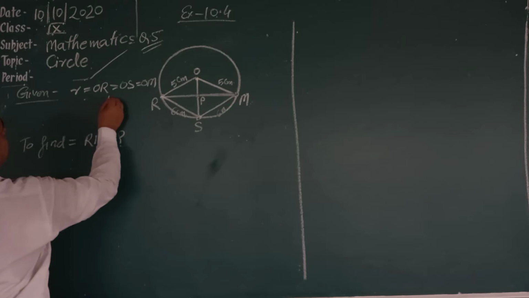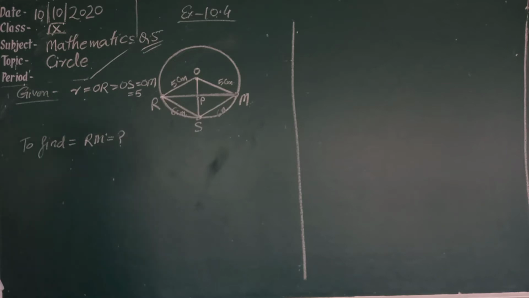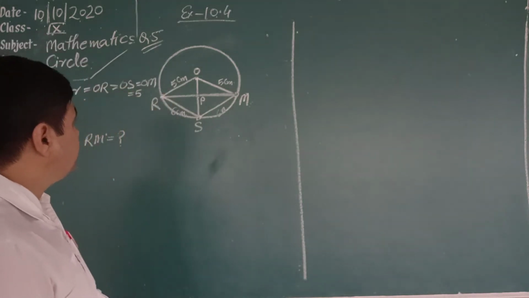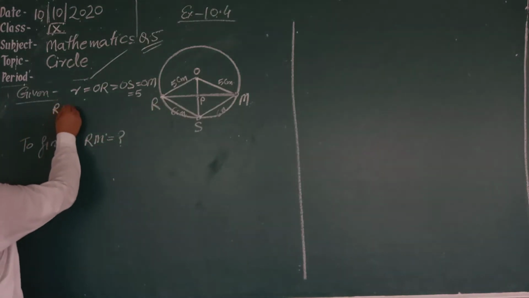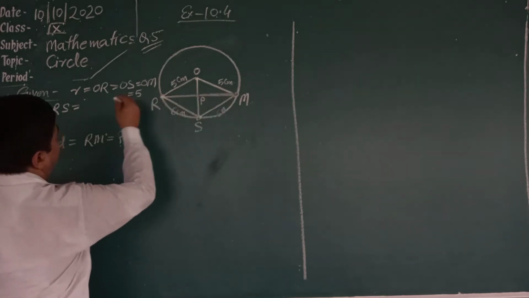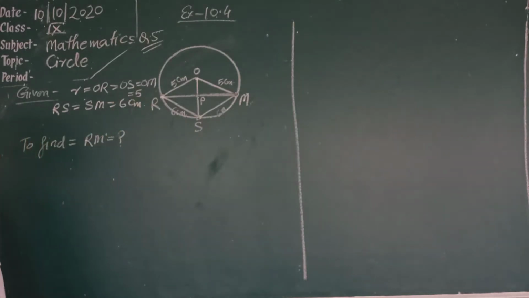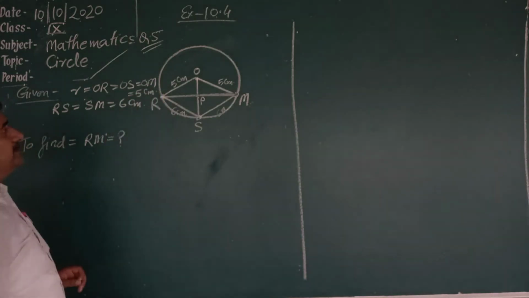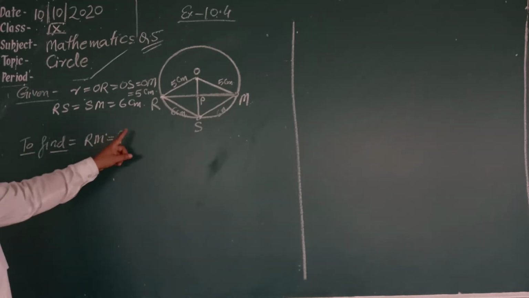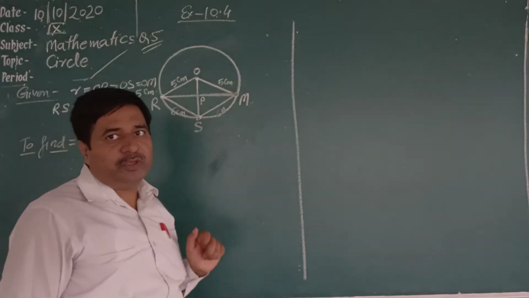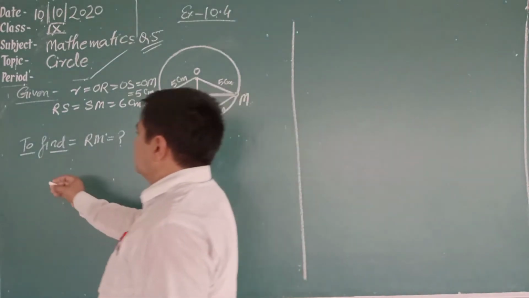These three are radii and all are equal. And RS, the distance between Reshma and Salma, and between Salma and Mandeep, is given as 6 cm. To find RM, the distance between Reshma and Mandeep. Now the solution.